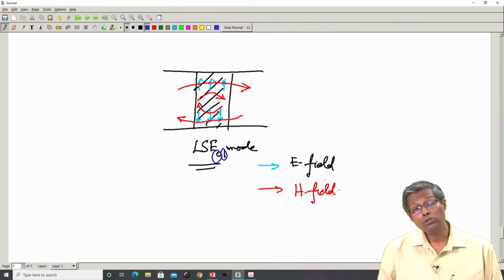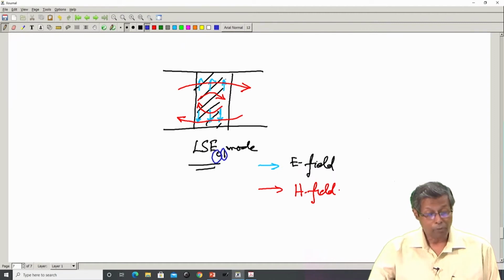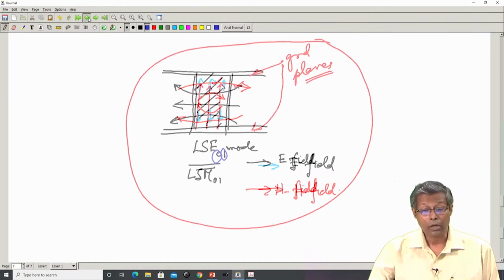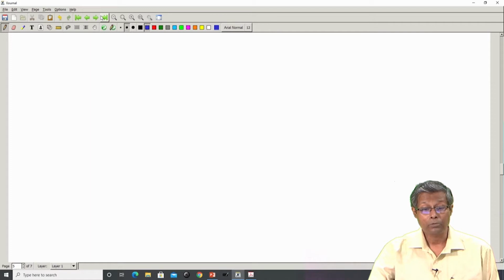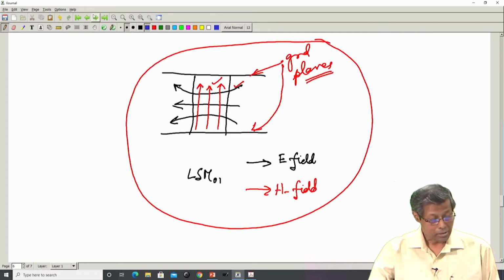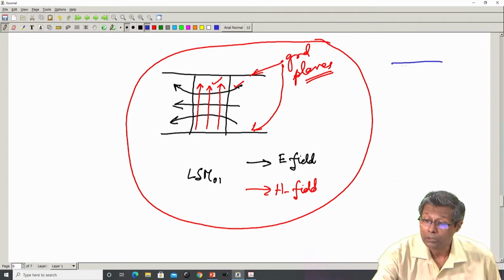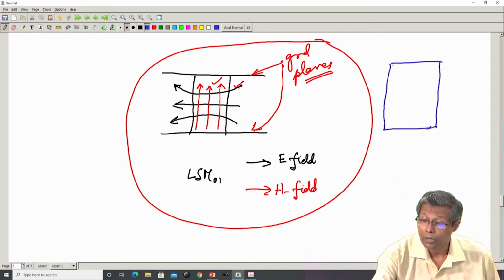So, it can also be seen that the configuration of the LSM 01 mode, if you go back to the LSM 01 mode, closely resembles that of the dominant TE 01 mode of the rectangular waveguide. Why we say that is, if I have a rectangular waveguide, its dominant mode will have a configuration like this.